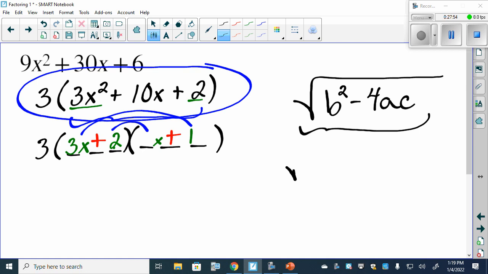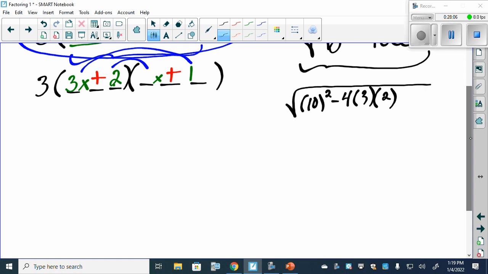So if we looked at this here, b would be 10, so we'd have 10 squared minus 4 times a times c. Now this here, we can type the whole thing into the calculator, either one, because if I plug it into the graphing calculator and get a decimal, it's telling me it's not factorable. Or if we use the yellow calculator and it tells us that it's a decimal or has a radical or pops up an error, it means it's not factorable.